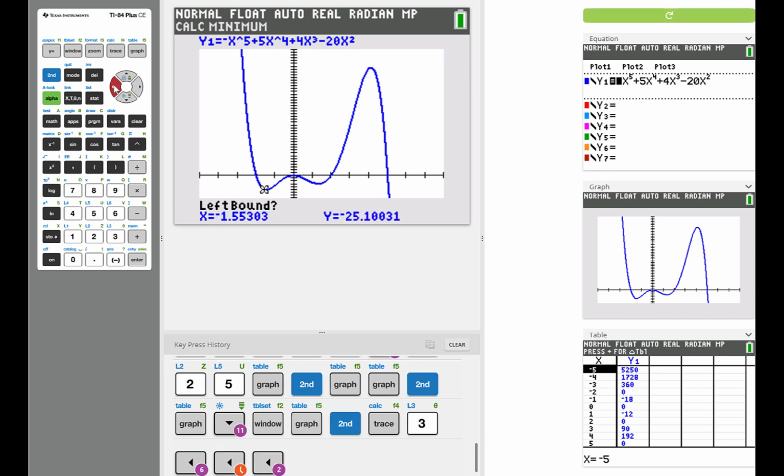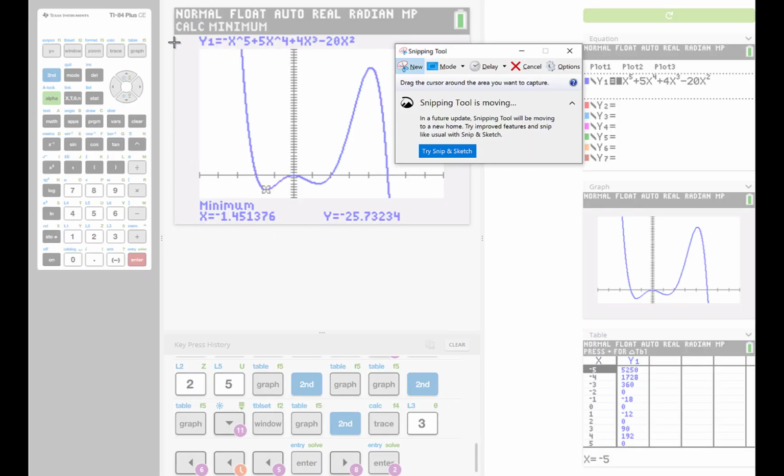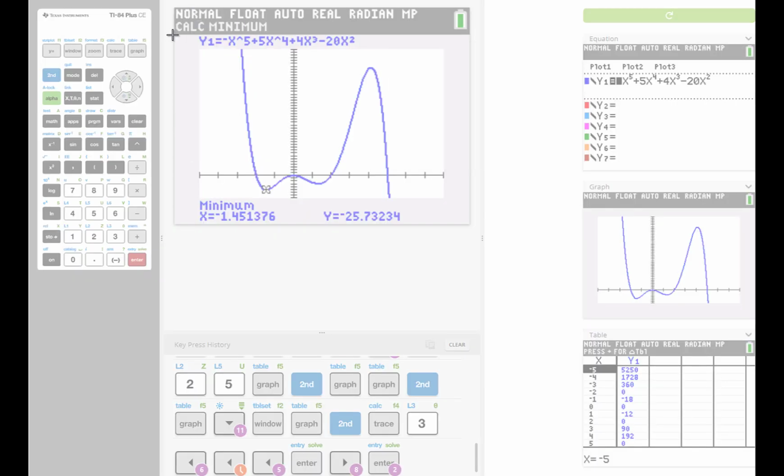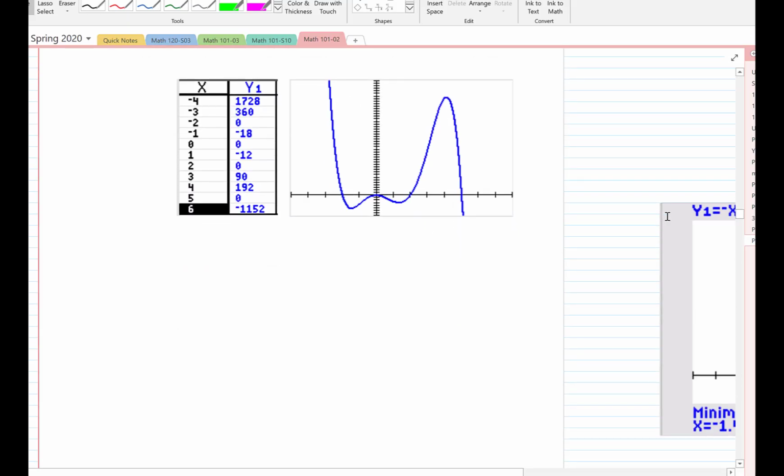I'm going to calculate the one that's most on the left, get the left bound first, then go on the right of it, right bound, and then guess, press enter, and that gives you the minimum value. You see? Y is equal to -25.7. So I'm going to copy and paste that as well, because sometimes these are important values that you might need to know and be able to find. I'm just going to paste it on my notes as well.